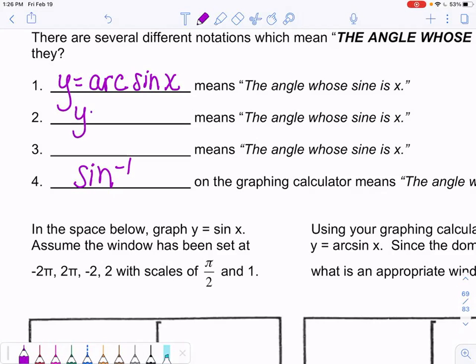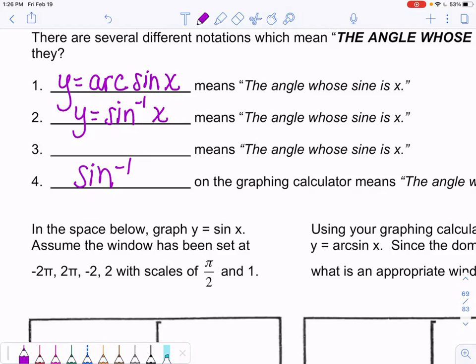You may also see it, and you're going to see the book writing it both ways, with the actual inverse notation, sine -1. Remember that little -1 is the inverse notation for any function that has an inverse. F -1 is what we usually use, but in this case, we have the inverse for sine. And then the last way is more just on the definition of an inverse function.